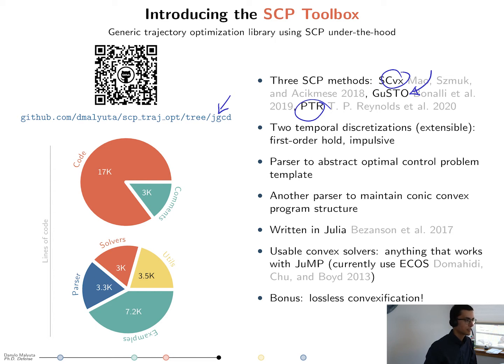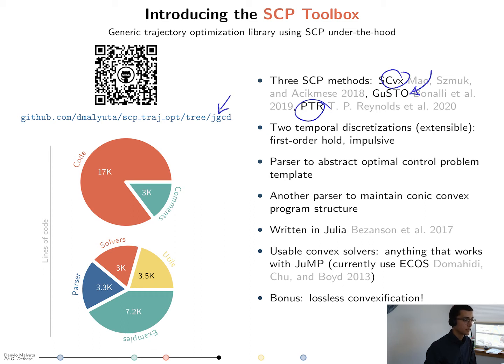You can download it at this link, where it provides essentially a parser interface that you can use to define non-convex optimal control problems and solve them using these sequential convex programming algorithms. The algorithms implemented in there today, two are from our group, SCvx and the penalized trust region methods, and the GuSTO algorithm by our collaborators at the Stanford ASL Lab.